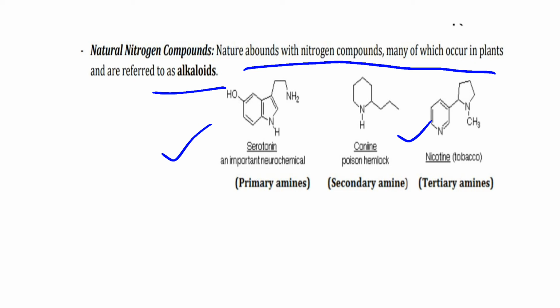Serotonin is an important neurochemical and an example of a primary amine. Quinine is an example of a secondary amine, from poison hemlock. Nicotine is in tobacco, and it is a tertiary amine.